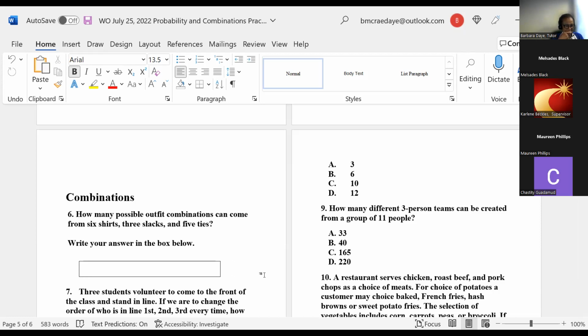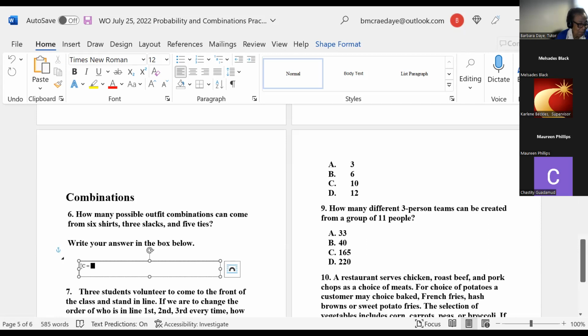They tell here how many possible outfit combinations can come from 6 shirts, 3 slacks, and 5 ties. So you just multiply those out.